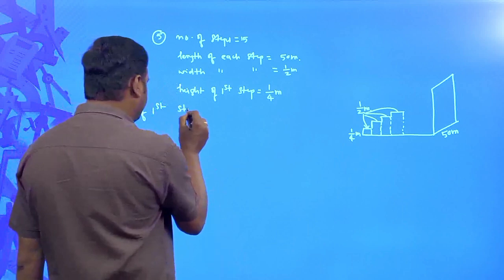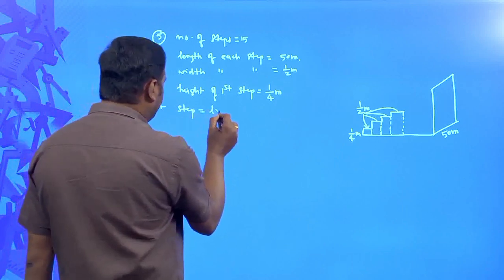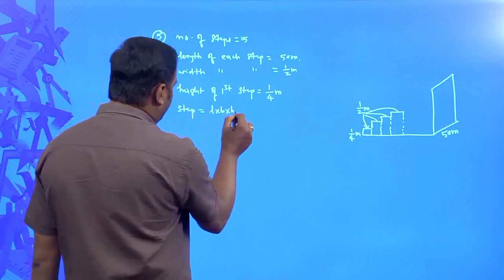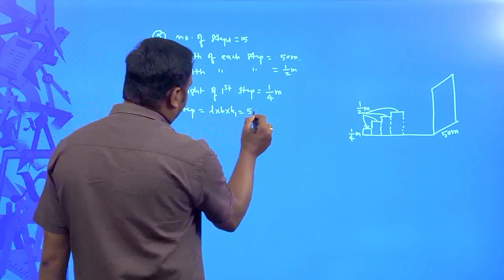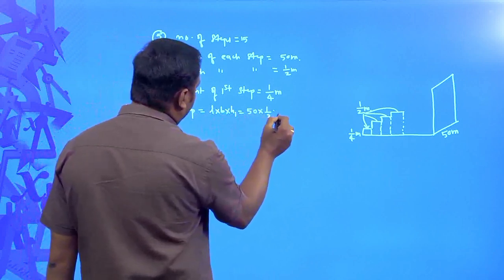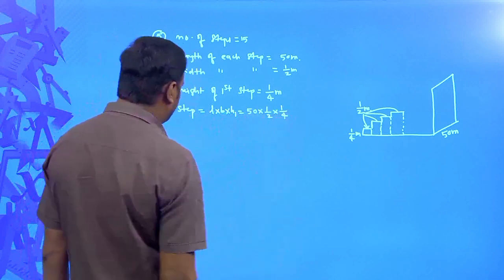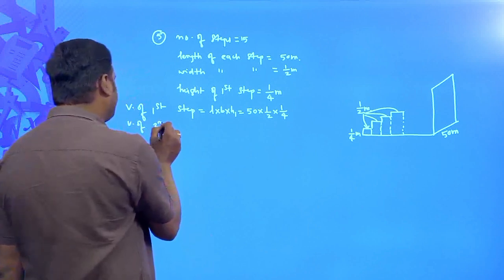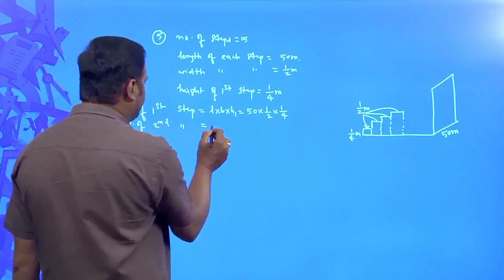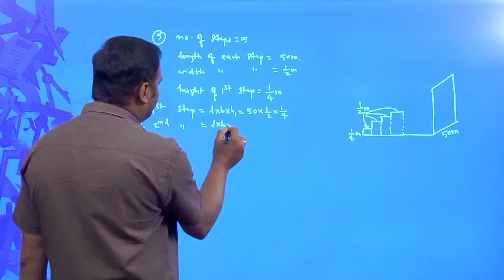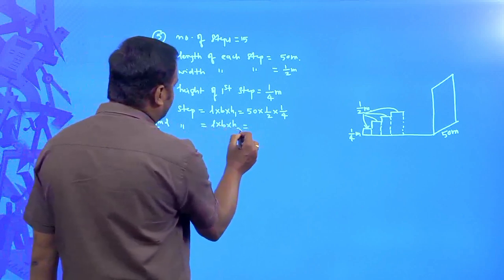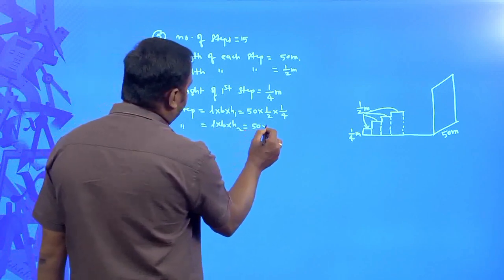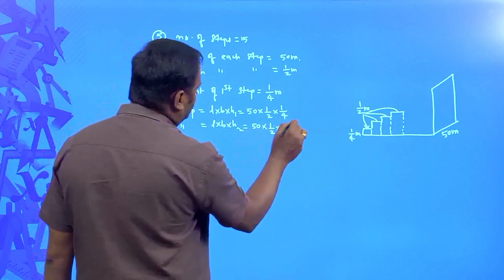Volume of first step is equal to L into B into height 1, which is equal to 50 into half into 1/4, that is volume of the first step. And what is the volume of second step? Volume of the second step is going to be L into B into H2, that is 50 into half into, there are 2 1/4, right.